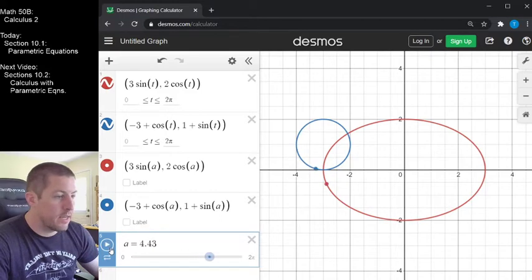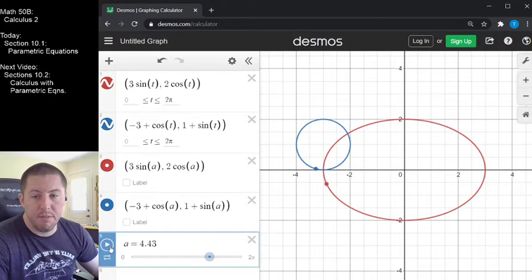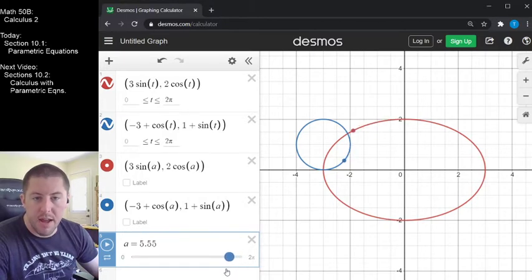Here's the important thing. We know to expect that this collision is going to occur at negative 3, 0. So there it was right there. They hit each other right there. There's the actual collision. Now notice as we proceed a little bit further, they missed each other at that overlap in trajectory that's associated with that other upper point right there. So we can see the collision happen here, and we can see the miss happen right there.